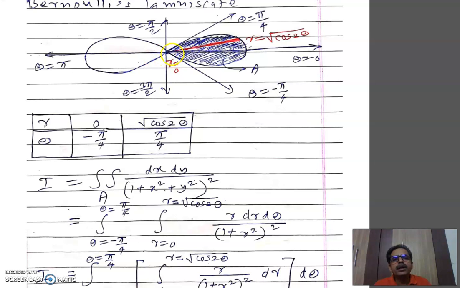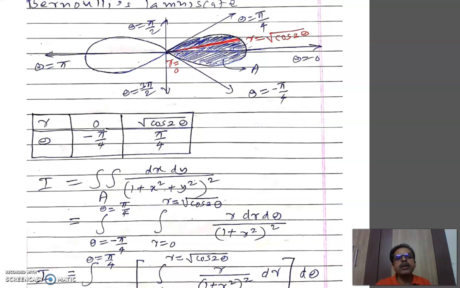Now we consider a radius strip. It starts from the pole, that is the origin, and ends at this branch. Here r is 0 at the pole, and at this point we have to get r. How do you find the value of r here? From the equation of the curve, r square equal to cos 2 theta.